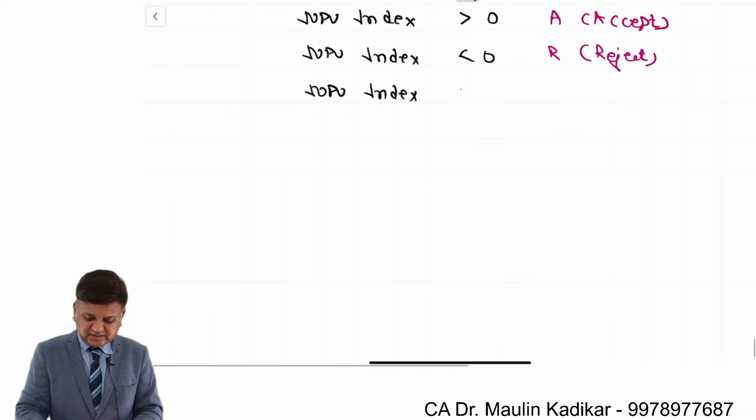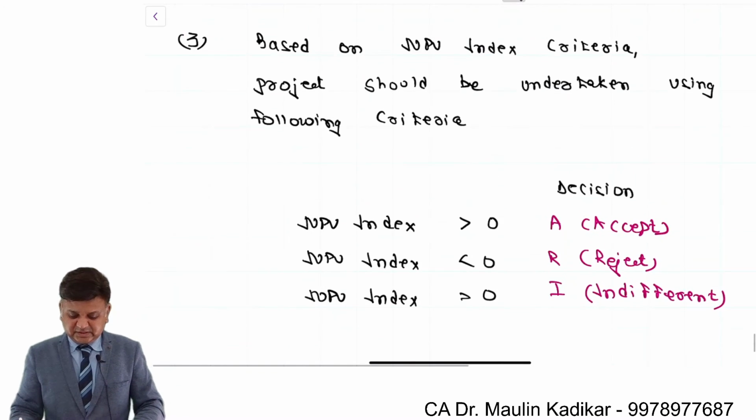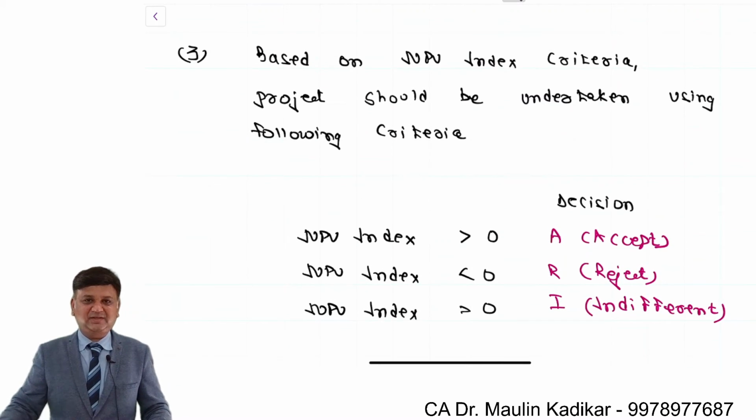If NPV index is equal to 0, then you are indifferent. This is the way we are required to take the decision.